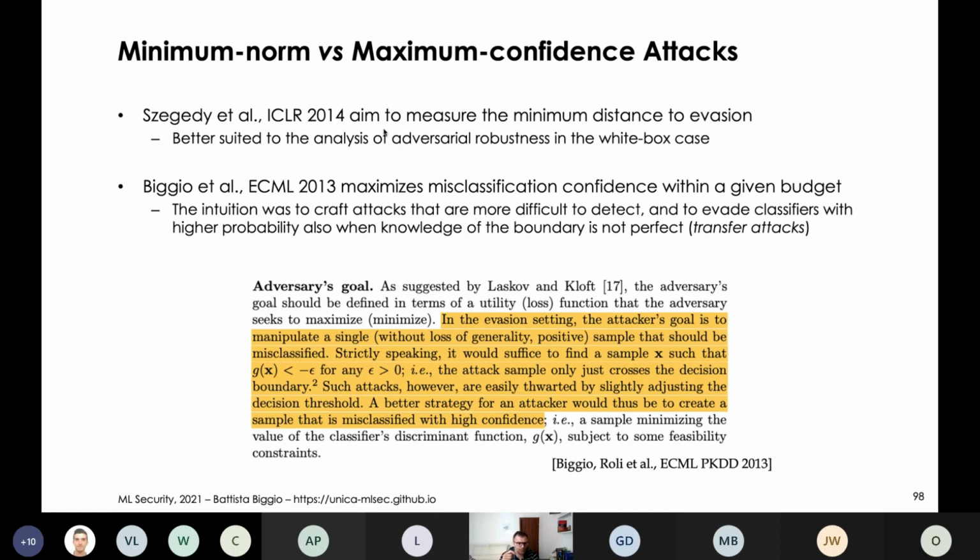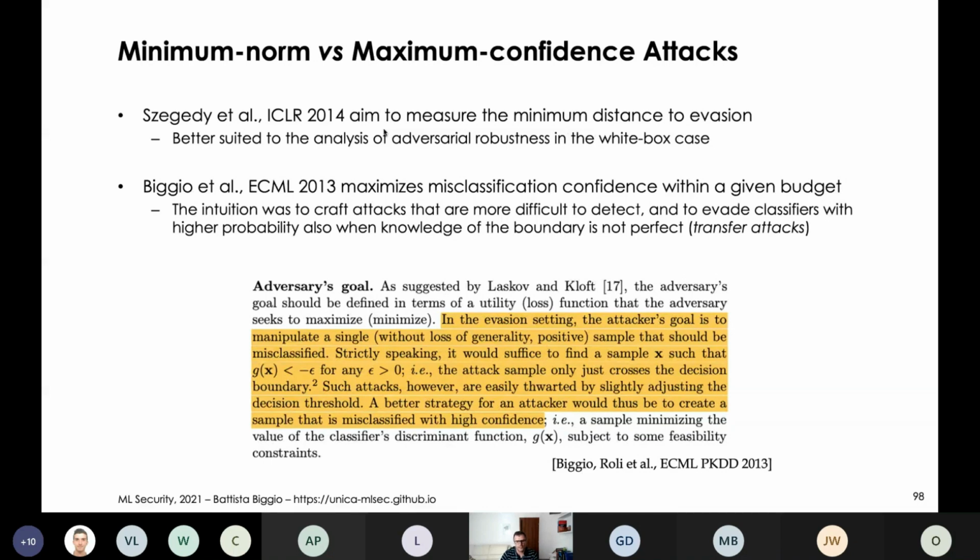Moreover, if the attacker doesn't have perfect knowledge of the target system, and you are attacking a different model, then it doesn't make sense to stop right after you cross the boundary. You should push the perturbation a little more inside the target class, such that when you transfer the attack to the target model, the probability of evading will be larger.